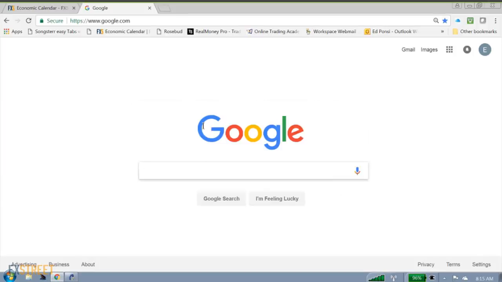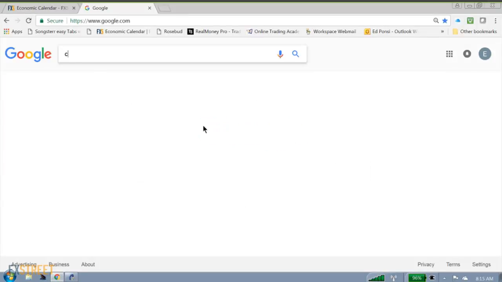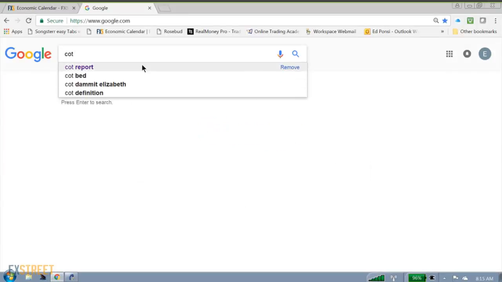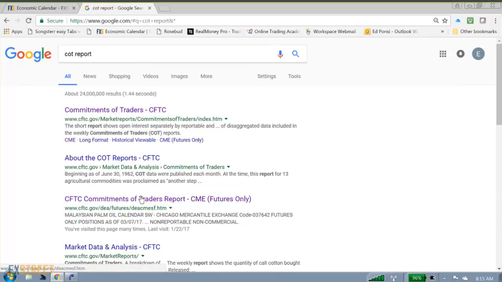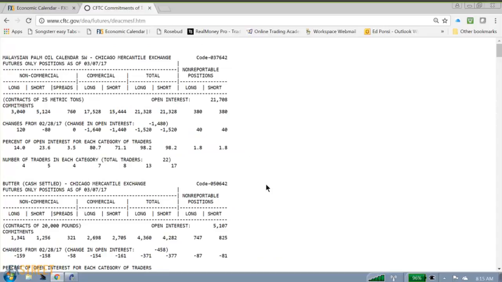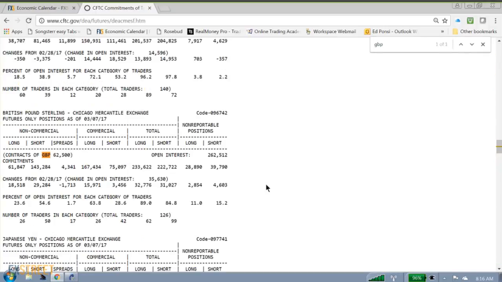Let's go and take a look at the Commitment of Traders, the COT report. Right, and you can see here, non-commercial.